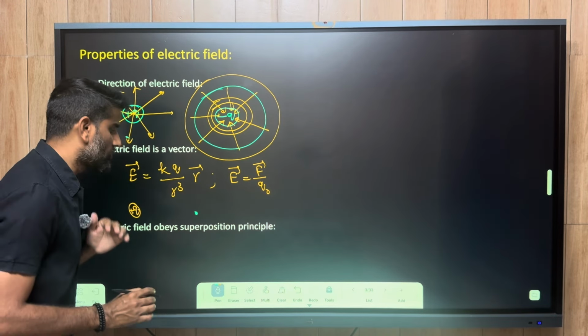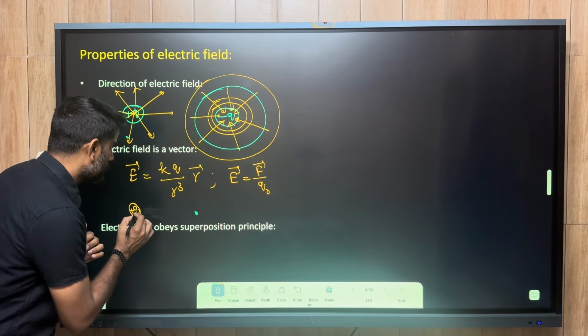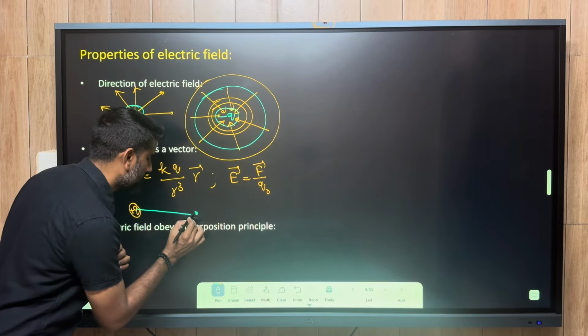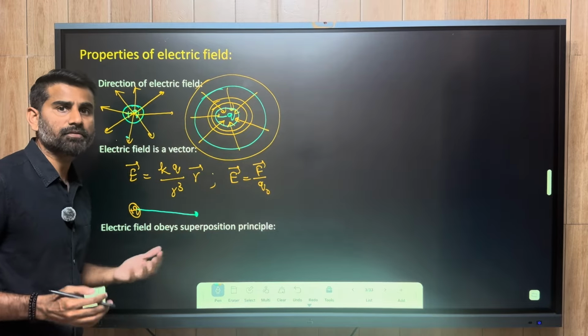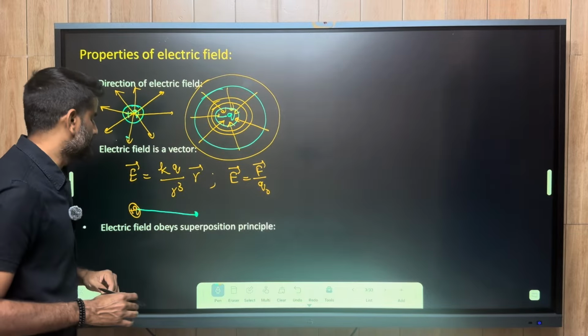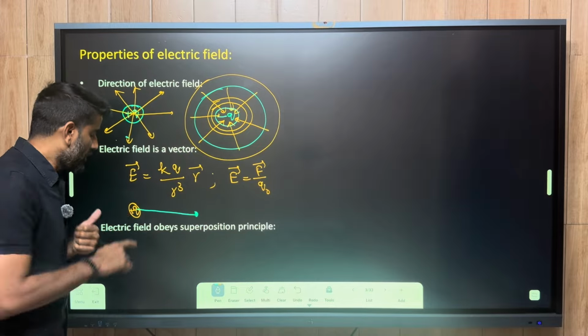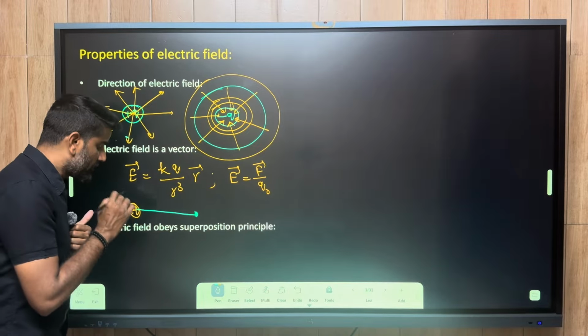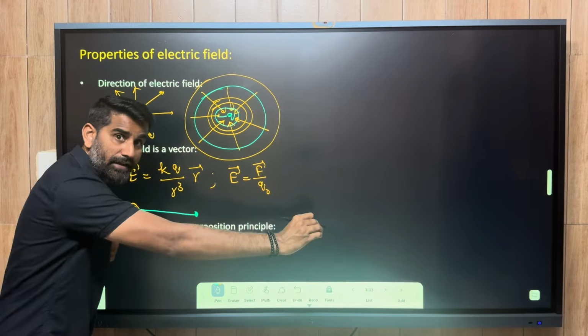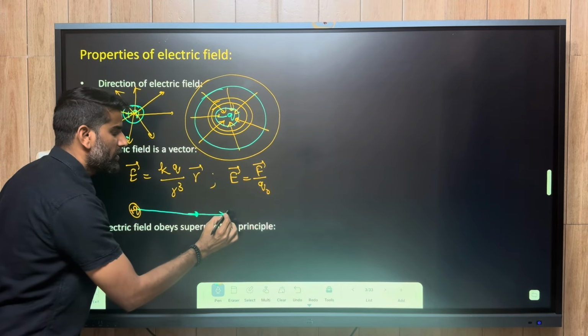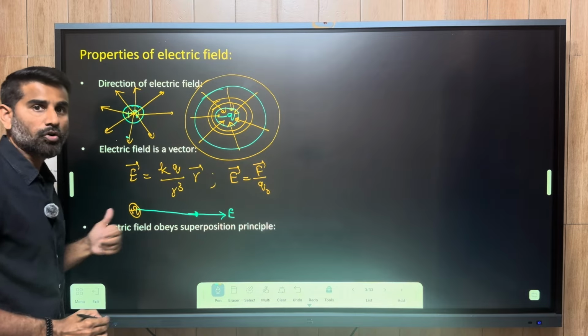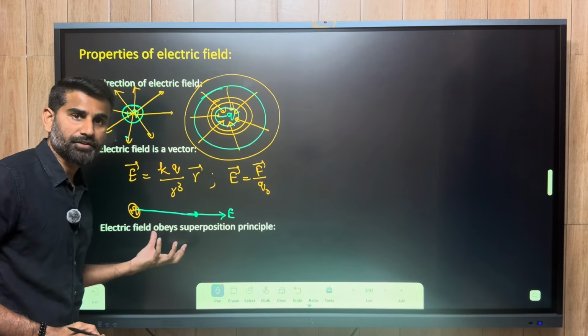In such a case, you are supposed to draw a line connecting the point charge and the point of interest, the point where we need to find the electric field. Now if the charge is positive, then the field is radially away. That means the field direction is this one. Hope you have understood this point.